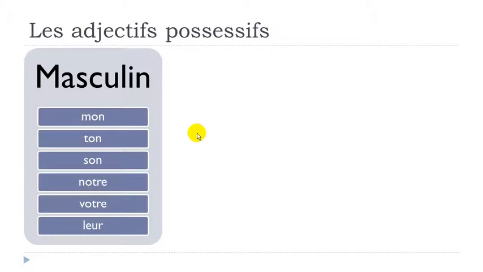Okay, so let's be clear, when we talk about les adjectifs possessifs, in English it will be my, your, his, our, your, their. But in French, basically we'll have the difference between the masculine, the feminine, and the plural. And keep in mind, we'll see that a bit later with some examples, that in French, we don't decide whether it's masculine, feminine, or plural according to the subject, like in English.